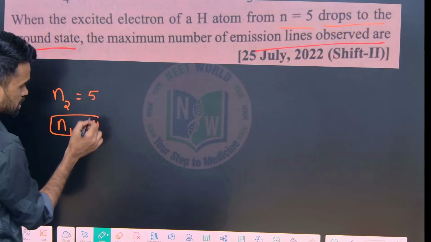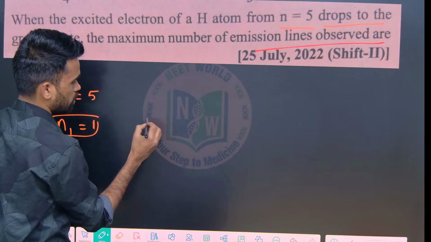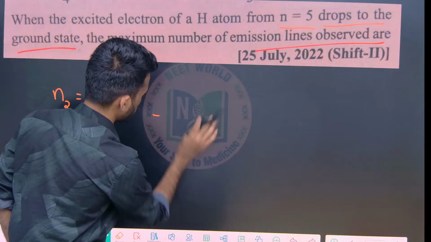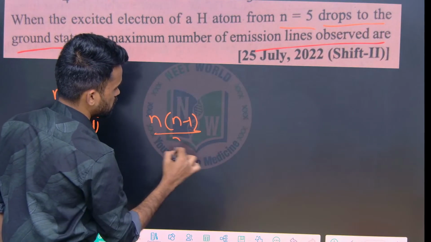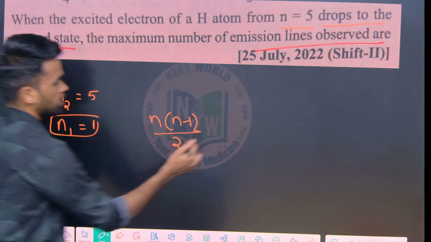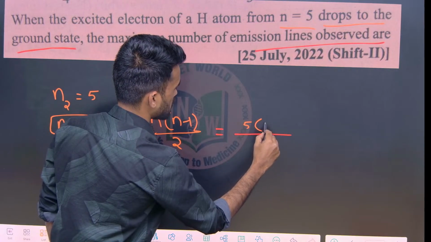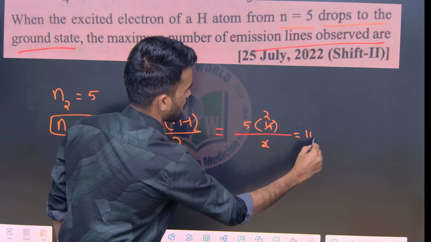Whenever they ask for the ground state, you can use this summation formula or n into n minus 1 by 2. The number of spectral lines is 5 into 4 by 2, so 10 lines.